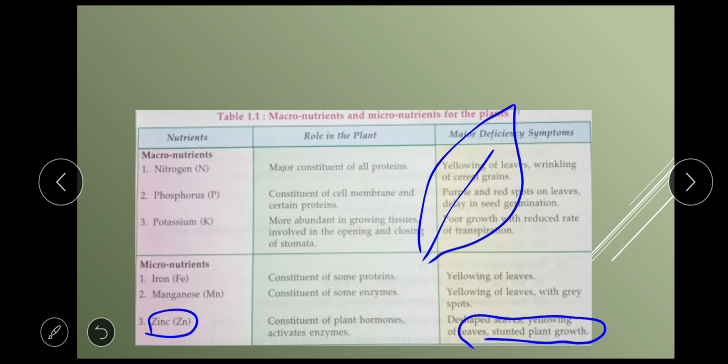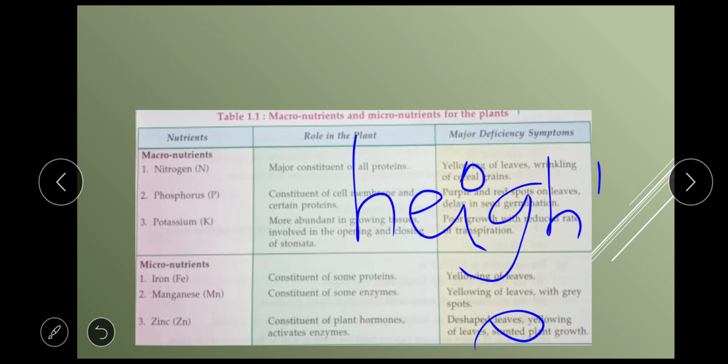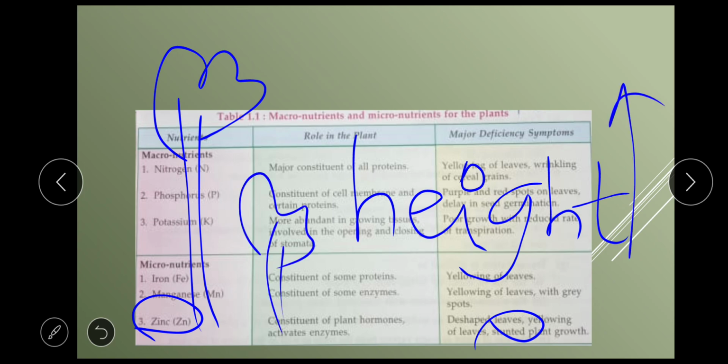Stunted means the height of the plant will not grow. Stunted means a small plant. The plant should grow this much, but because of lack of zinc the plant is growing only this much. The height and growth will be less. This is because of zinc.